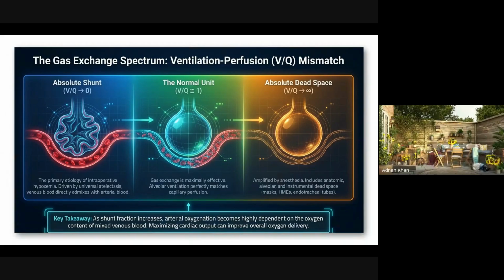So the delivered ventilation does not participate in gas exchange. As you all know, during anesthesia, both shunt and dead space increase, leading to impaired oxygenation and less efficient carbon dioxide elimination. This spectrum is particularly important during thoracic surgery and one lung ventilation.